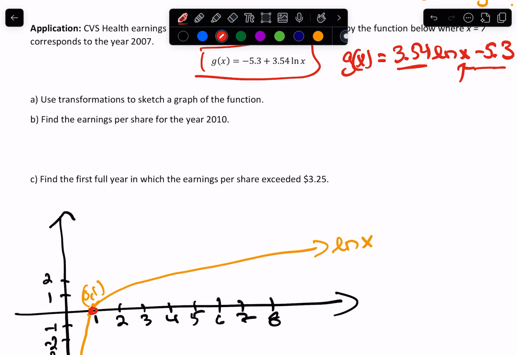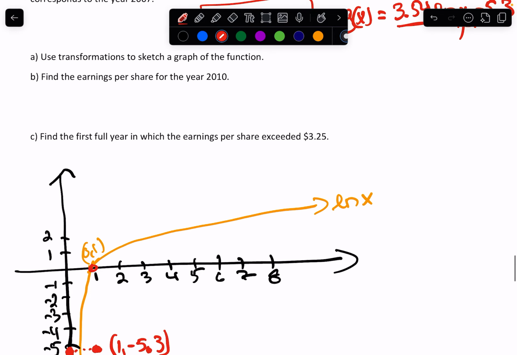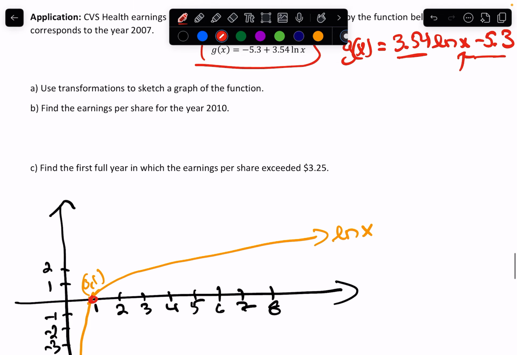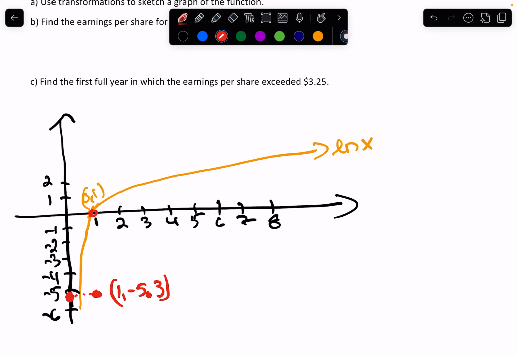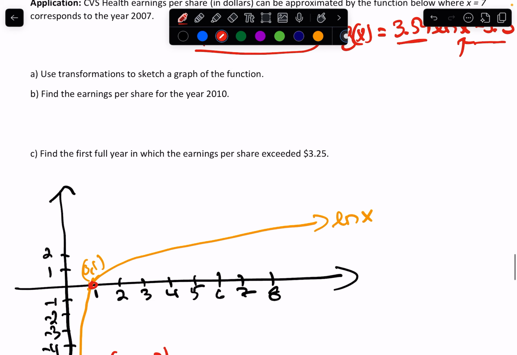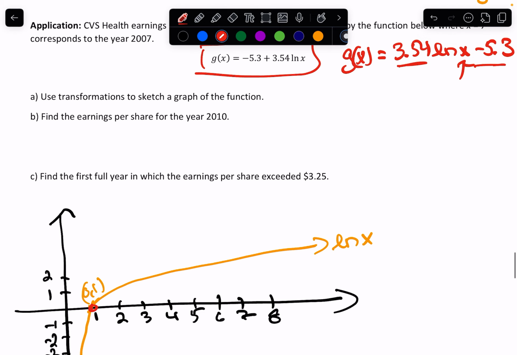Remember, we can't take the natural log of 0. And we can see that it starts from here, so it doesn't even cross the y-axis. What we need, though, is to know where it crosses the x-axis.